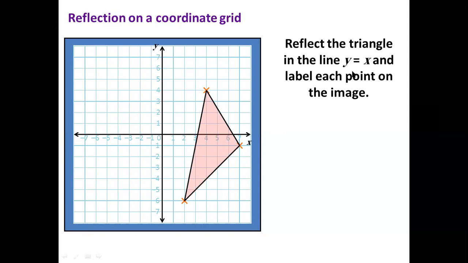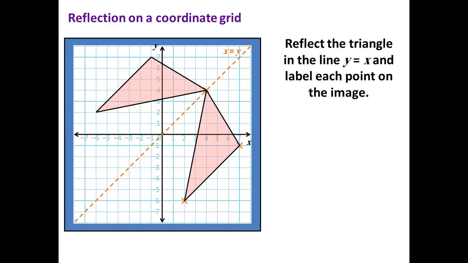Now guys, I will find the reflection around y equal x. Guys, y equal x, so this is the line we talk about. After that, I will count the distance between this point and the mirror line. This point is located on the mirror line, so I will leave it here.